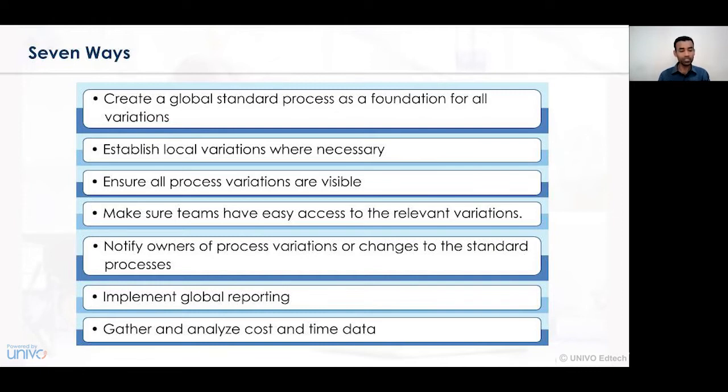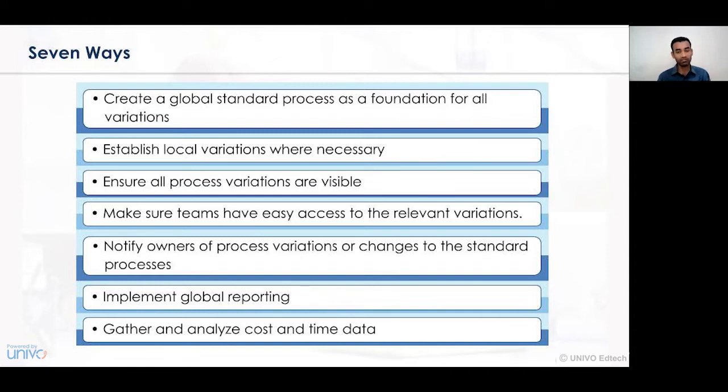Ensuring all process variations are visible. It is essentially important that all the processes that have been created are visible to each and every participant of the supply chain or the assembly line. Whatever variations or changes are required should be implemented effectively, and those processes must be visible and acceptable to all the participants.